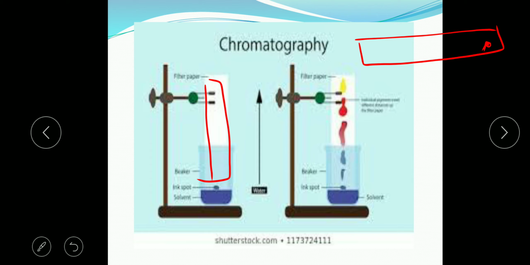So when this solvent, which is acting as a mobile phase, slowly reaches the ink, it will move and be absorbed by the stationary phase, that is the filter paper, and the different constituents or the color dyes of the ink get separated on this filter paper.